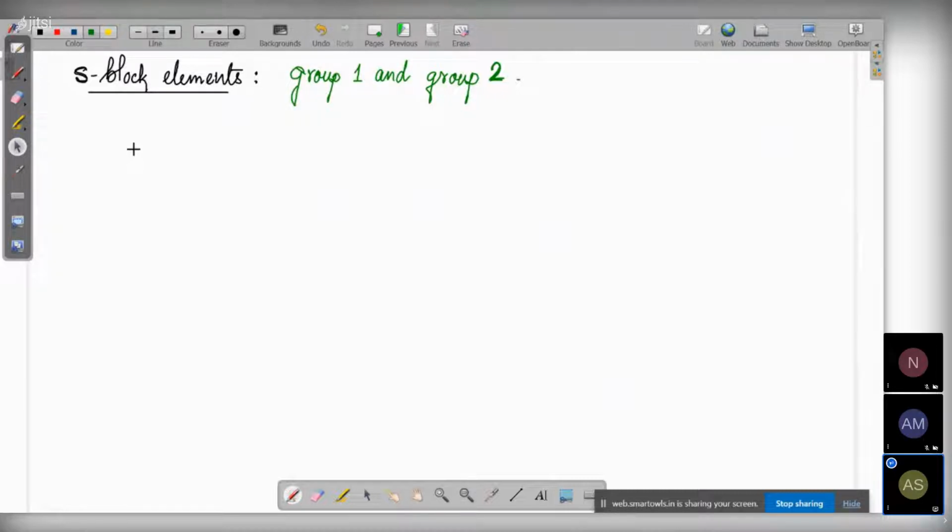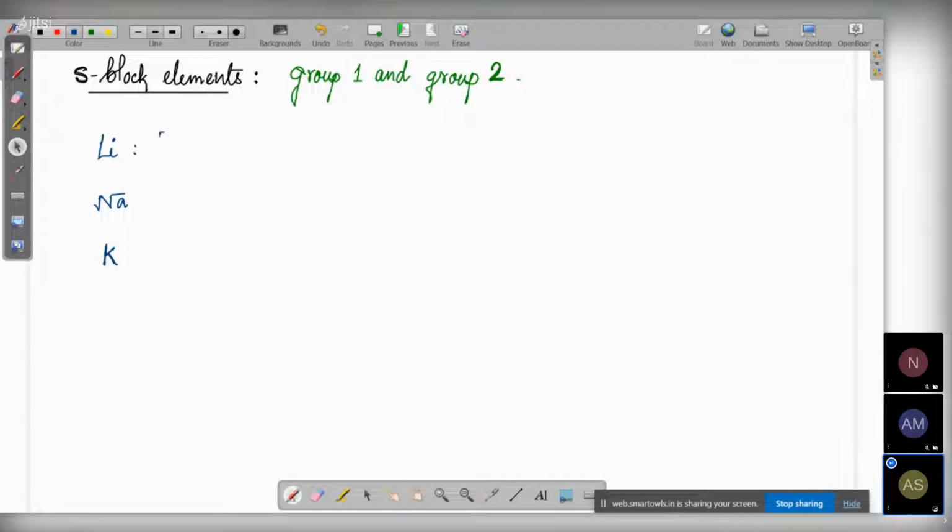Configuration of the elements of group 1 and group 2. So what are the elements present in group 1? Lithium, sodium, potassium. Just writing a few.